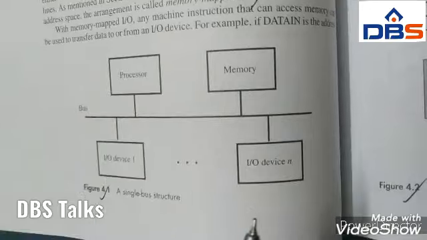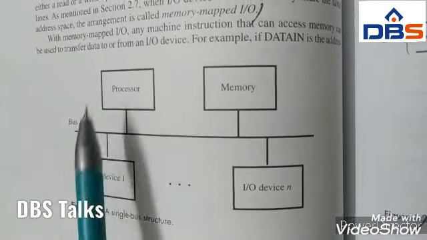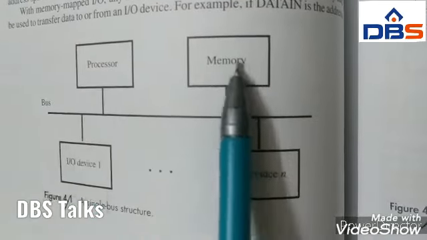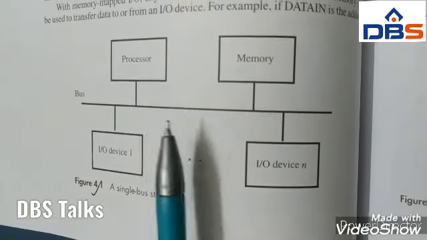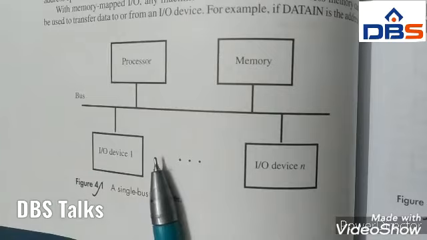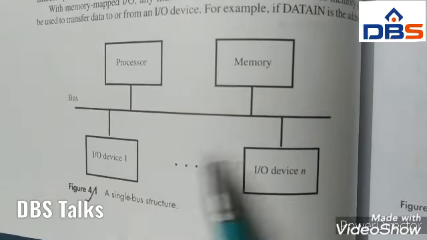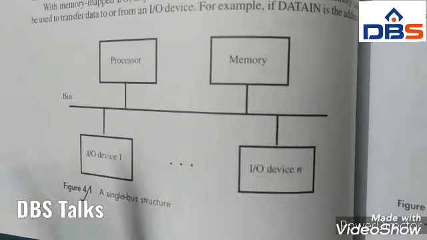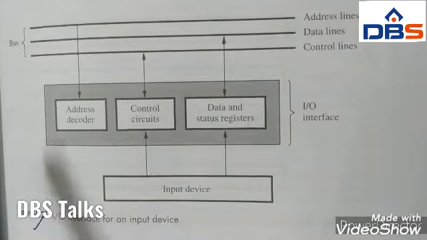Now here is the single bus structure. Here the processor is there and memory is there. Single bus. It is also called a system bus, which is used to connect I/O device 1, I/O device 2, and so on, a set of I/O devices, to the processor as well as the memory unit.